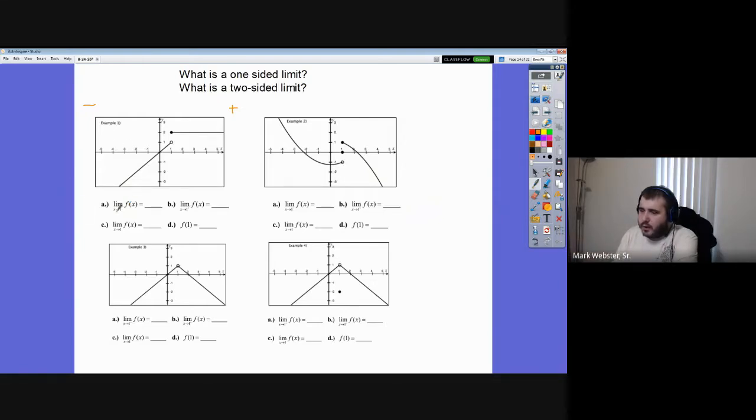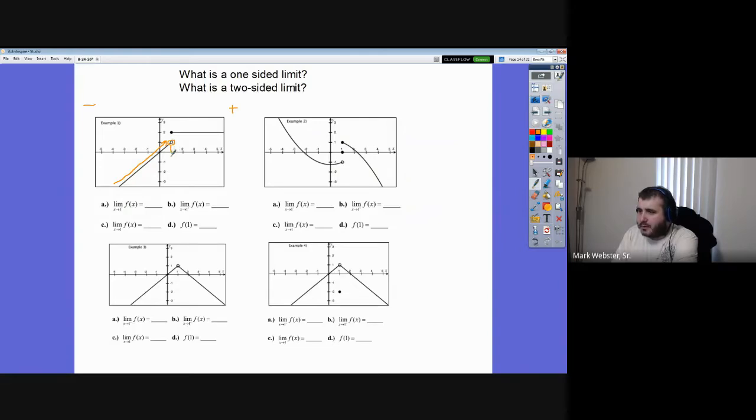For part A, we want to go to 1 from the left. We're coming from the left, going towards 1, and we want to know, what are we getting to? Where are we going? What's our end point? It's this one, right here.